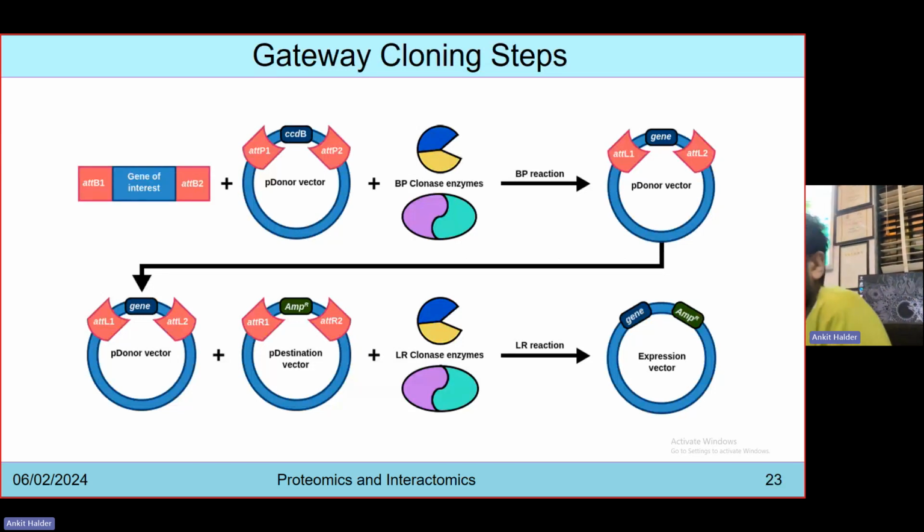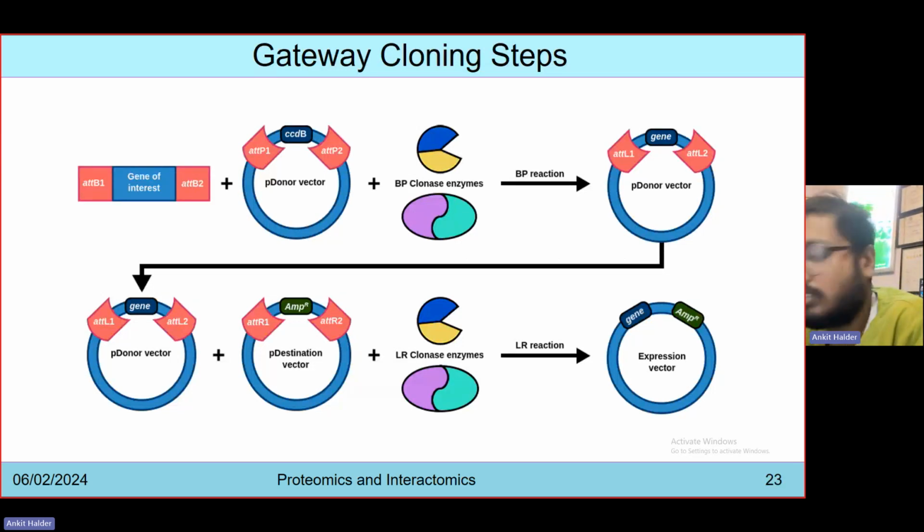Now, we know that for cell-based expression systems, cloning is one of the most important steps. Among these you have the BP and LR reactions of the Gateway cloning steps. For example, you have the gene of interest and the donor vector.